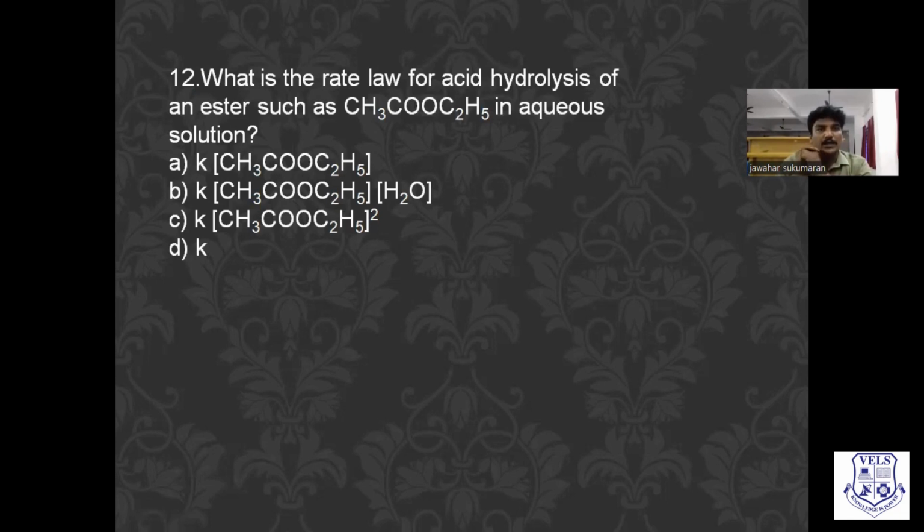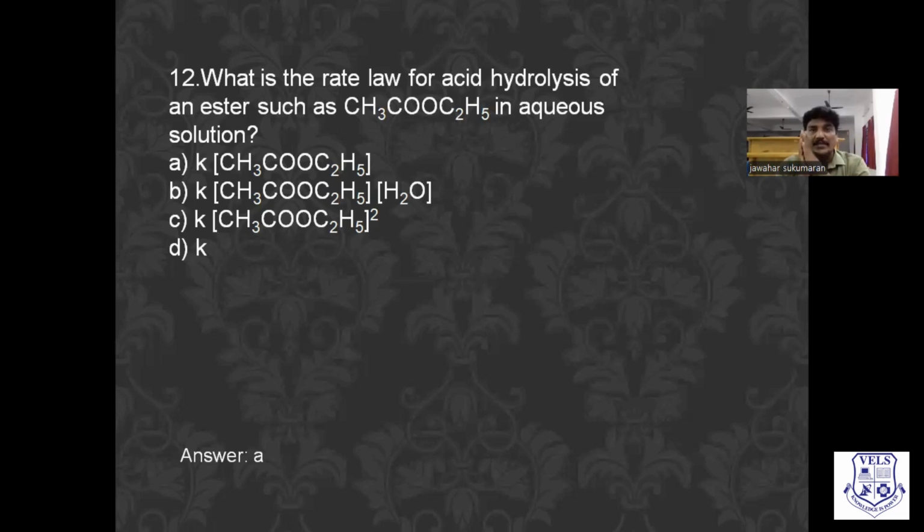Next, what is the rate law of acid hydrolysis of an ester such as CH3COOC2H5 in aqueous solution? A, K into CH3COOC2H5, B, K into CH3COOC2H5 into H2O, C, K into CH3COOC2H5 squared, D, K. Correct answer is A. K CH3COOC2H5.